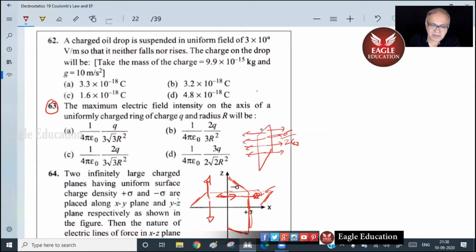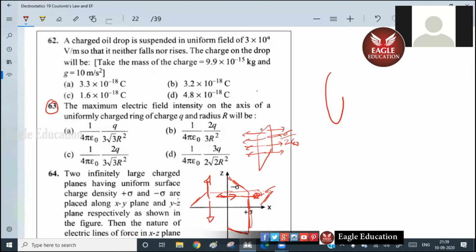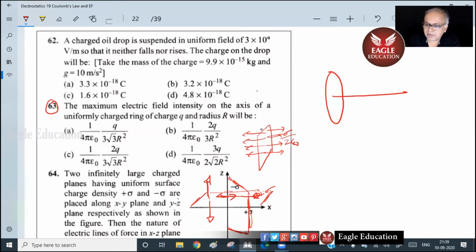Now, the maximum electric field intensity on the axis of a uniformly charged ring is already told. So I need not do anything. Sir, 1 minute, sir. I'll just remind you about what I've done. At a distance x, field is this one, right? E equals kqx over (x squared plus r squared) to the power 3 by 2.